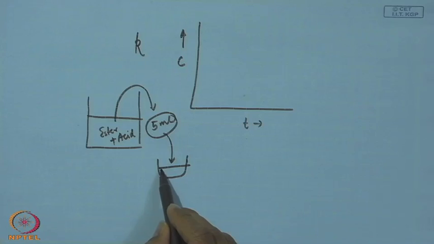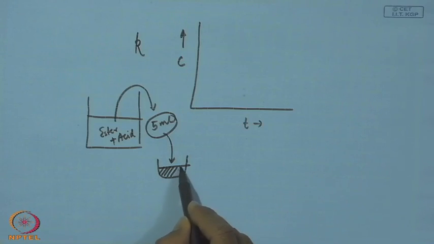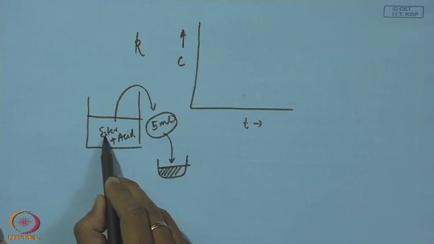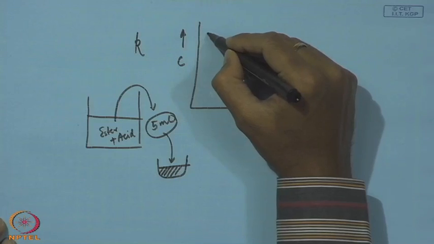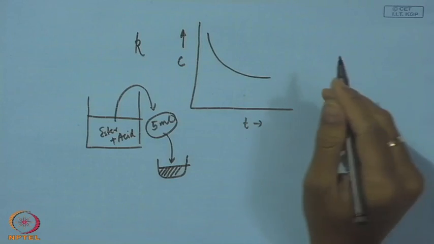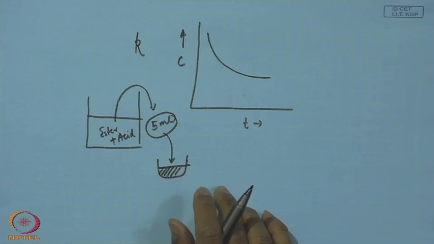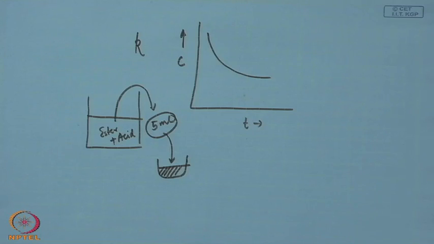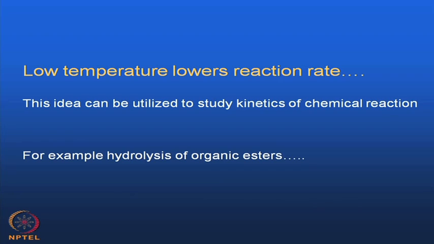And if you quickly titrate the amount of ester remaining or maybe the amount of acid produced, then you can find out the momentary concentration of ester in the mixture. So, in that case you can plot C versus T this way, and then you can find out K. So, that is why low temperature lowers the reaction, and utilizing that you can find out the rate constant, or maybe you can follow the kinetics.